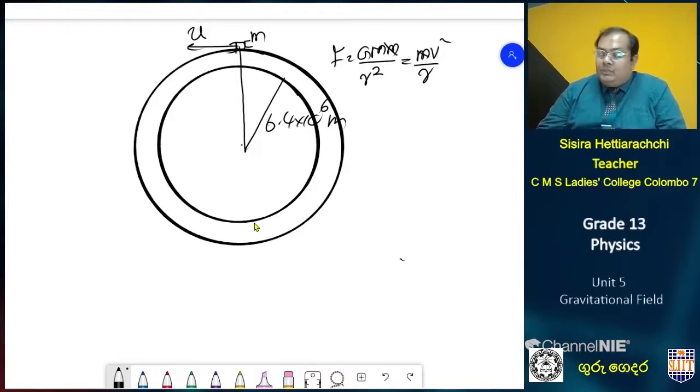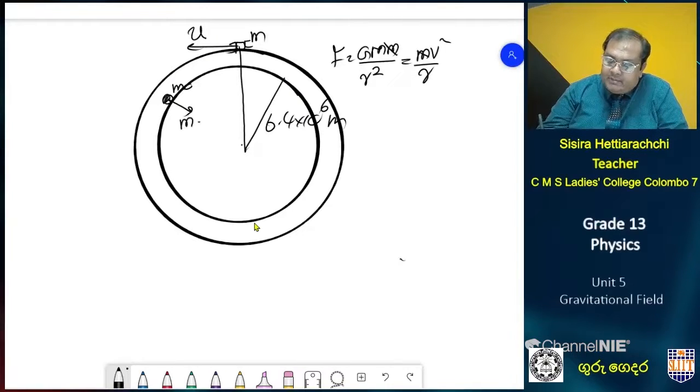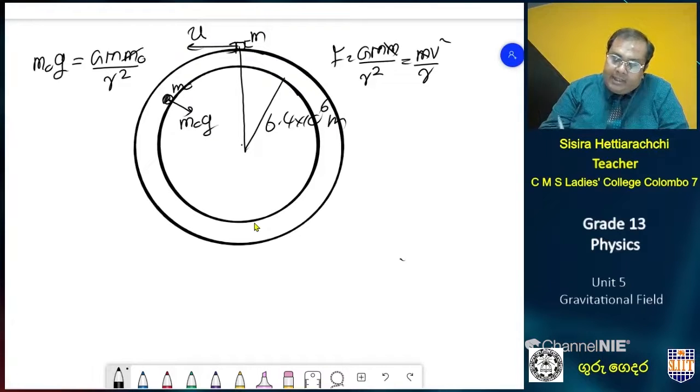And we found the G M product by considering a small mass m naught placed on the Earth's surface. We know the attraction is m naught g. m naught g is equal to G M m naught over R squared, the distance between the center of the Earth and the center of the mass. m naught can be cut.